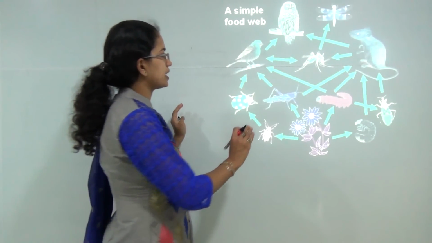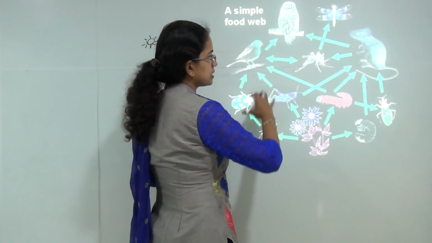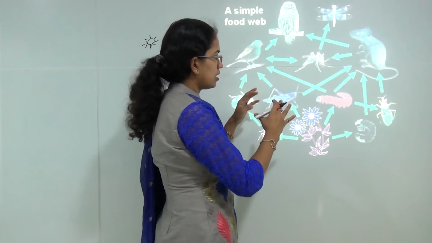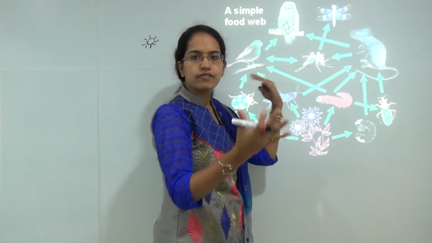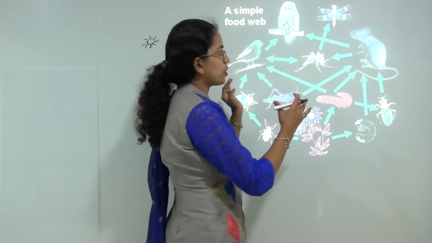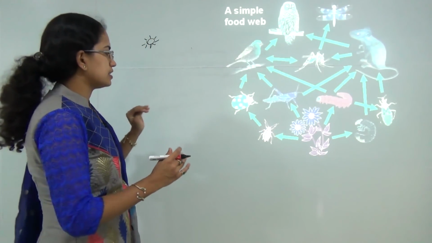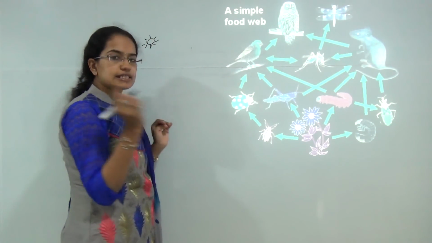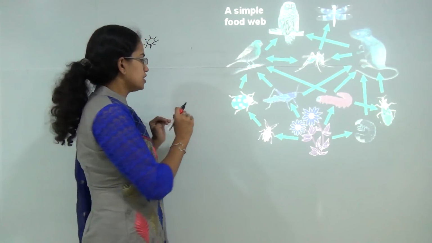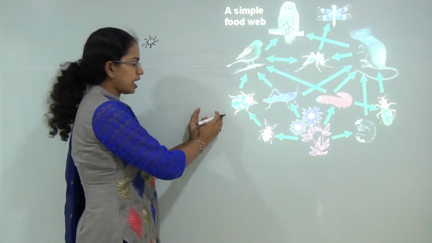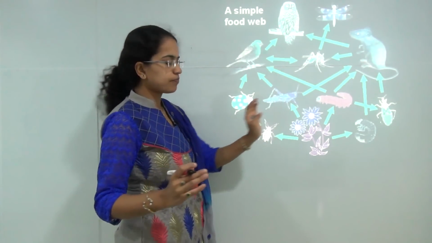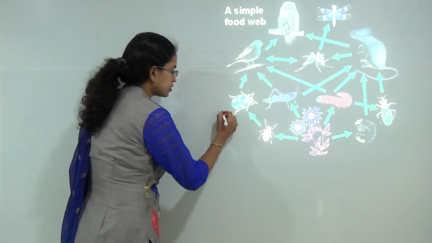Now as I explained, food web is an interaction of various animals being consumed by various other animals, and this is important to maintain a balance in the ecosystem. For example, let's take the previous case that we discussed. So we have plants, grasshoppers, frog and a snake. What would happen if there were no snakes?